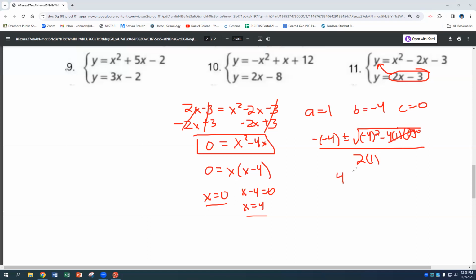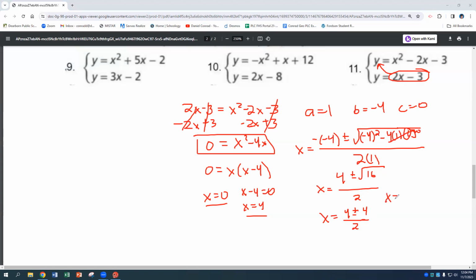So we're going to be left with 4 plus or minus the square root of 16, all over 2, right? This should be x equals. So we get x equals 4 plus or minus 4 over 2. Square root of 16 is 4. It's a perfect square.